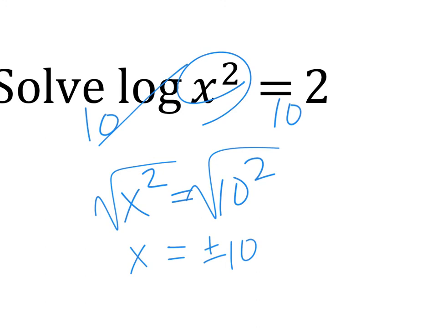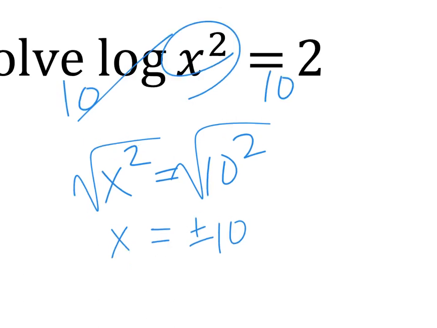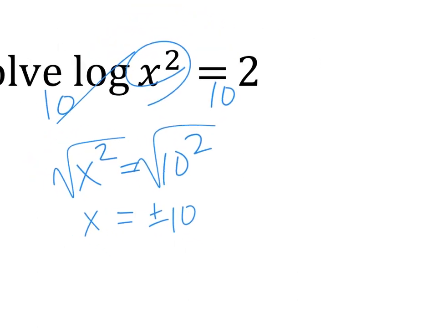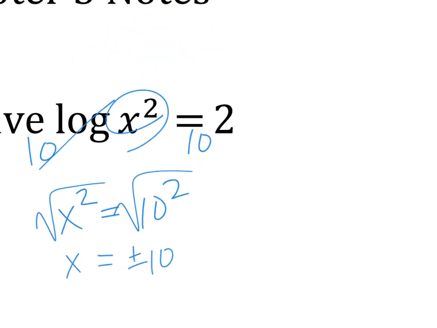What's the domain of log x squared? Everything except 0. So negative is okay because you're going to square it anyways. All right, I will send you the notes on this last one.